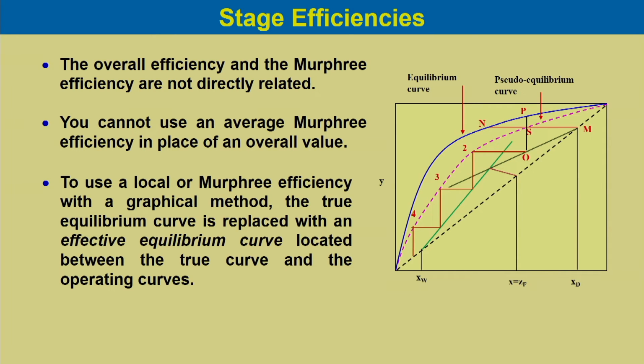To use a local or Murphy efficiency with a graphical method, the true equilibrium line, which is the blue line shown here, is replaced with the effective equilibrium curve, which is the pink line, located between the operating line and the equilibrium line.